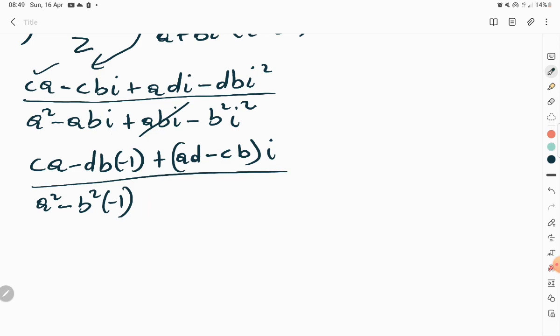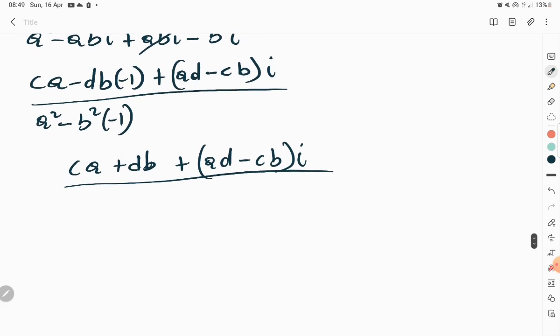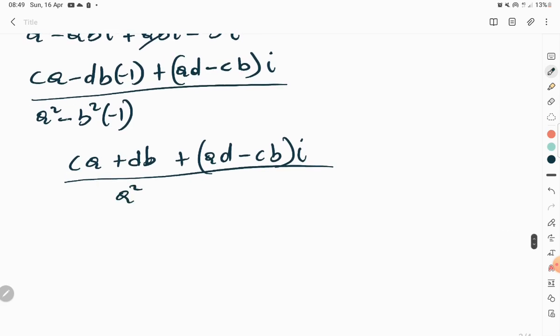Now let's continue. Let's simplify the numerator and the denominator real part. Then we have ca, plus db, then plus ad minus cb, then times i. The denominator is just a squared plus b squared.